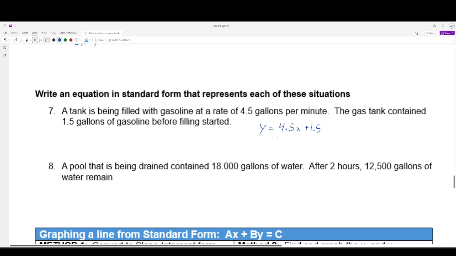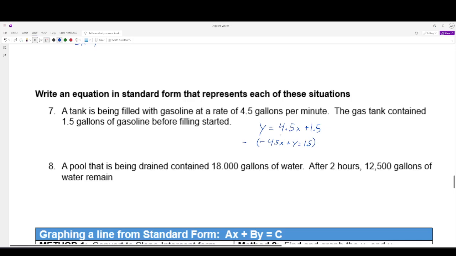But to fix this, first we need to subtract 4.5x from both sides. I don't really have a lot of room, so I'm just going to not show the in-between step. Negative 4.5x plus y equals 1.5. And then we need to multiply everything by something that gets rid of the negative and something that gets rid of halves.